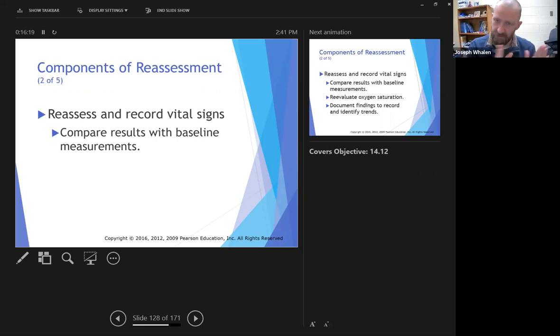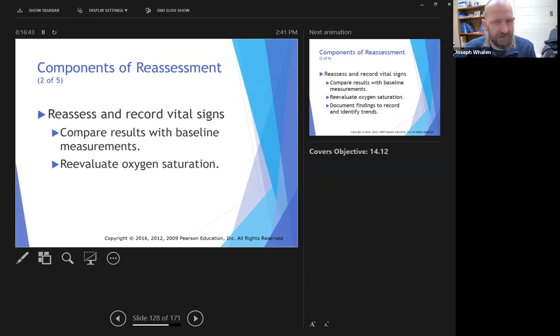So after we get our primary and secondary assessment done, we can get those vital signs in there, and we'll reassess here and compare them again, starting our trending. So we're going to reevaluate everything. We've already put the pulse ox on, so we're just going to take a look at that again, make sure that it's still good.